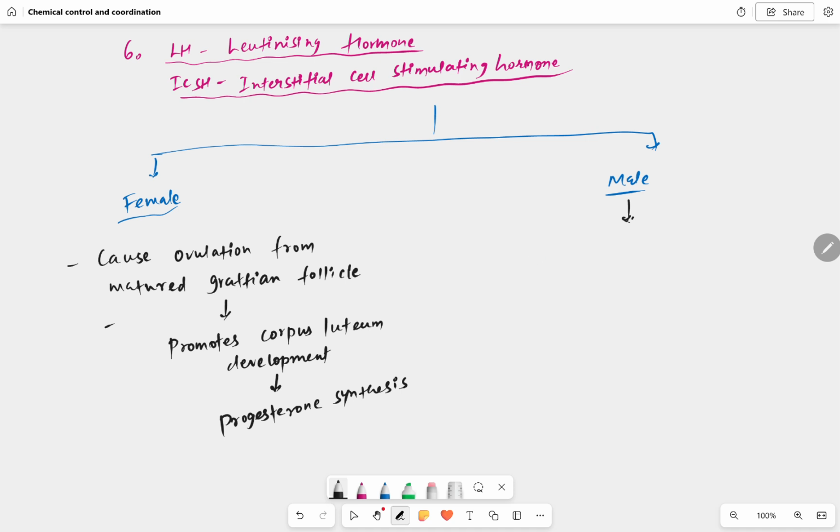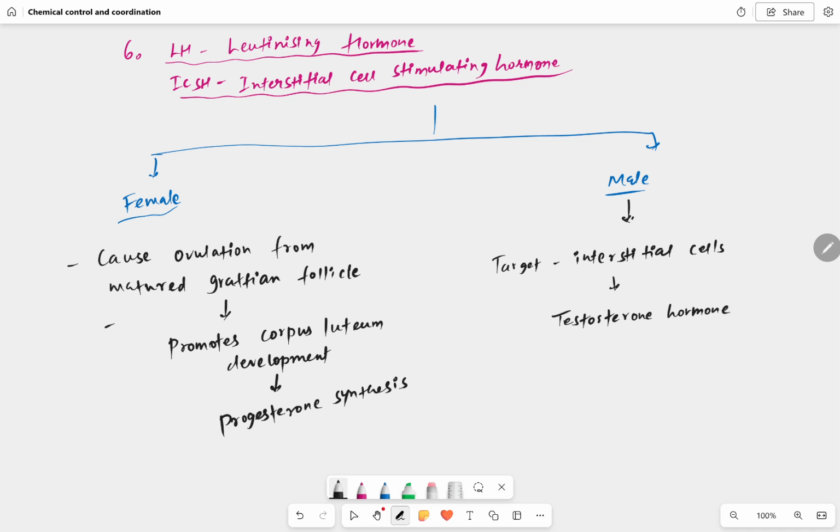But in male, what it is doing is that it is found in the interstitial cells outside of the seminiferous tubule. Okay, so the target is basically the interstitial cells outside of the seminiferous tubule, and it causes a release of the testosterone hormone.